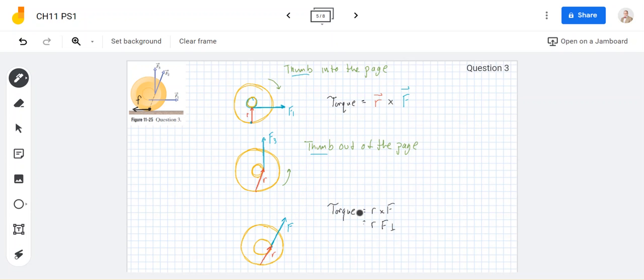And you can notice those two are parallel to each other. So for this one, torque is equal to 0, and it won't spin at all. In fact, if you do that, and it's resting on a table, it would just slide along the table this direction with some speed, dragging it across the table.